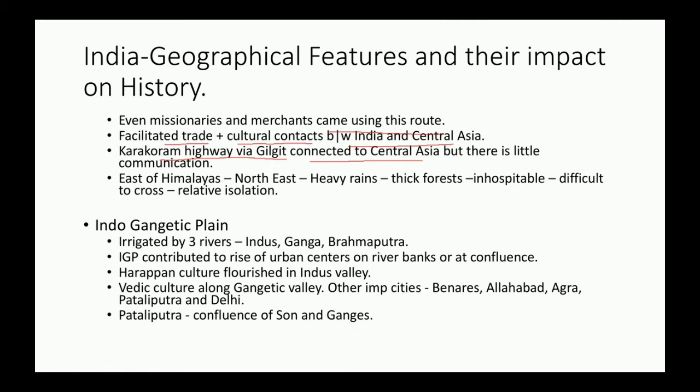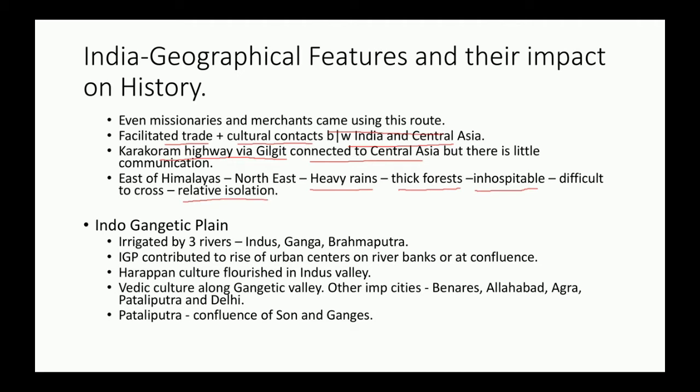The Himalayas extend till the east in Assam, where these mountains are covered by thick forest because of heavy rains, and this made this region inhospitable and very difficult to cross. All these features made the northeast region relatively isolated compared to other regions of India.